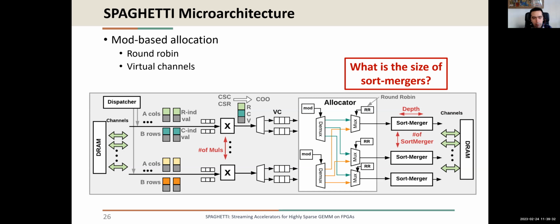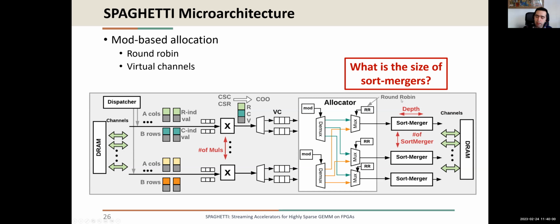That means you're going to have a blocking issue here, because they both have to be sent to the same sorter and merger. That's why we added these queues or FIFOs called virtual channels, just to alleviate this head-of-line blocking issue. This is similar to what we have in networks on chip. So these are the virtual channels, and we have sorters and mergers.